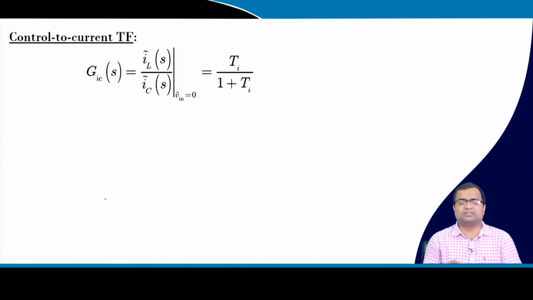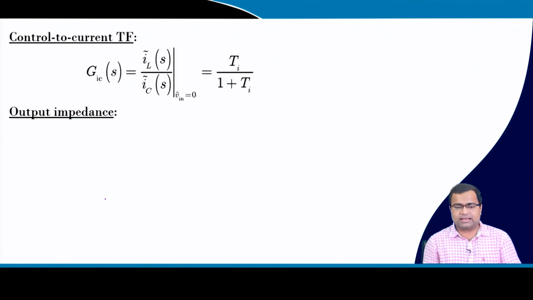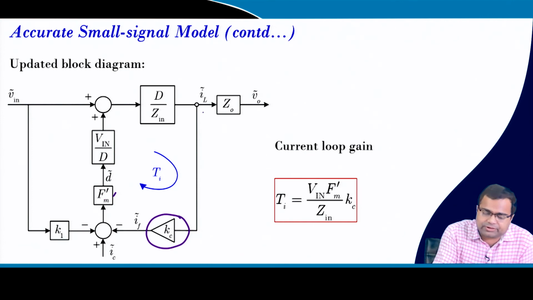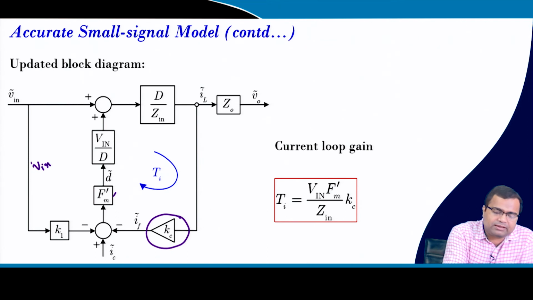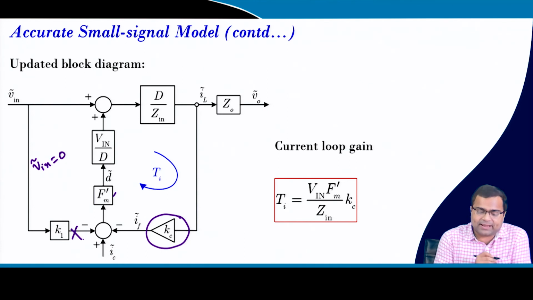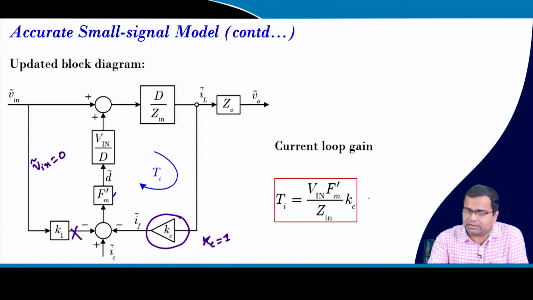Now, the control to output transfer function, if we take this diagram, okay. So, what is the transfer function between IL and IC? Suppose our Vin perturbation is equal to 0. So, I can discard this part. Then what will be my transfer function, and suppose we take Kc equal to 1, then our Ti will be Vin Fm by Zin.